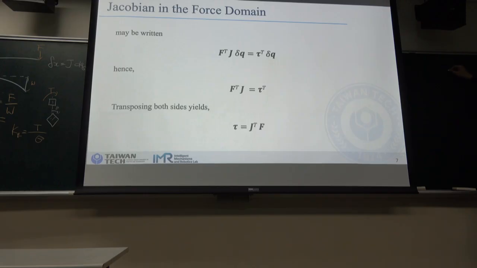If your Q dot, this is the Jacobian, and here will be your X dot, then if you differentiate with respect to time, it will become torque, equal to Jacobian transpose times the F. So F is equal to M times X double dot, and torque is equal to M times Q double dot.